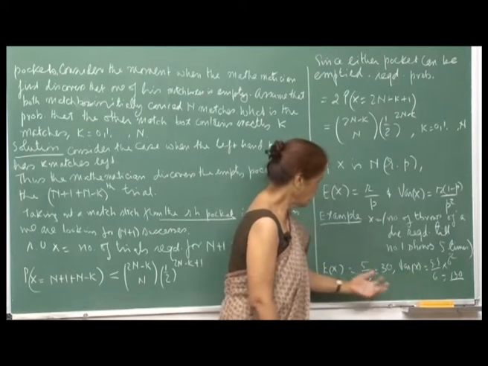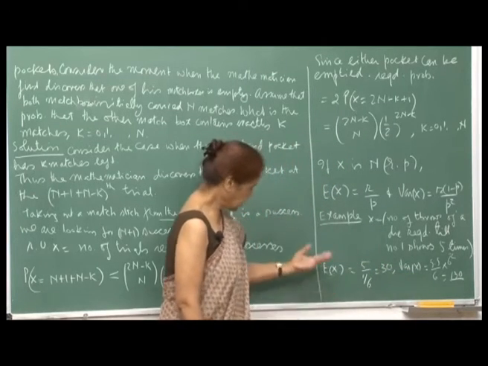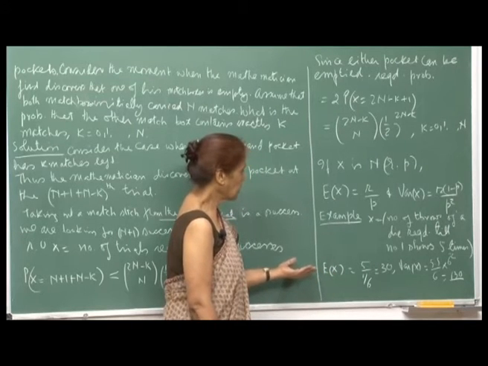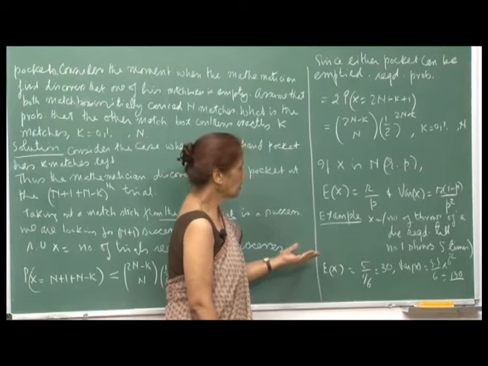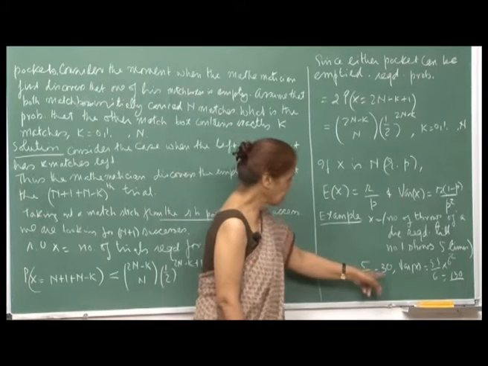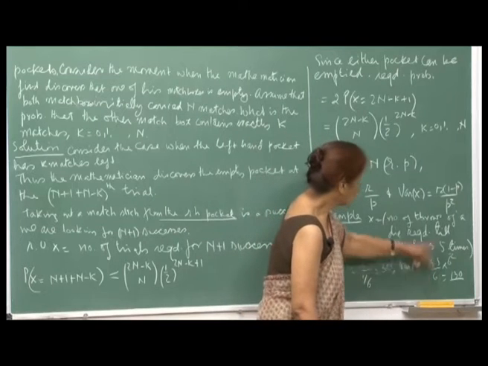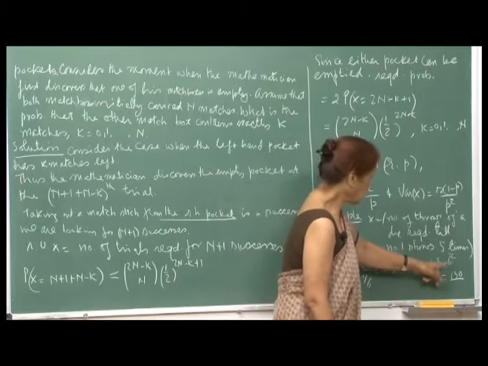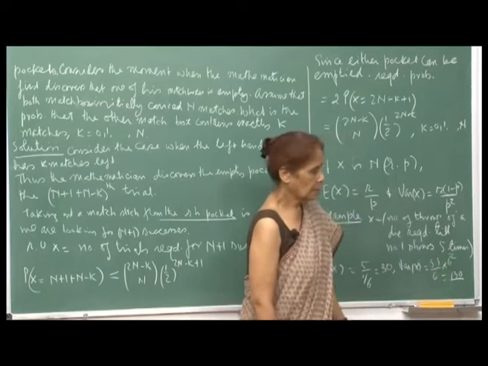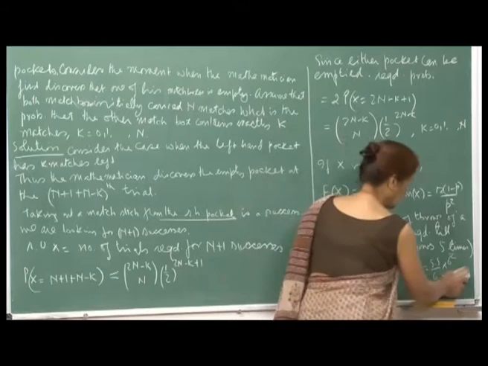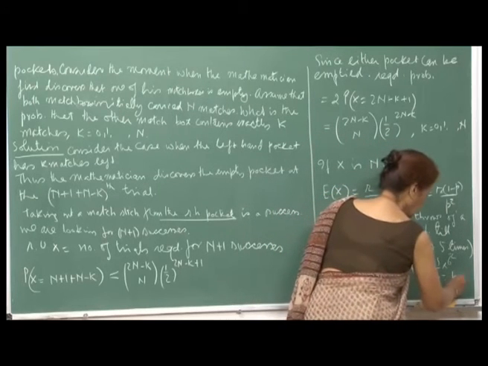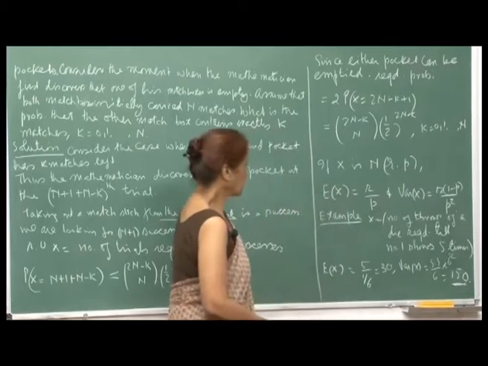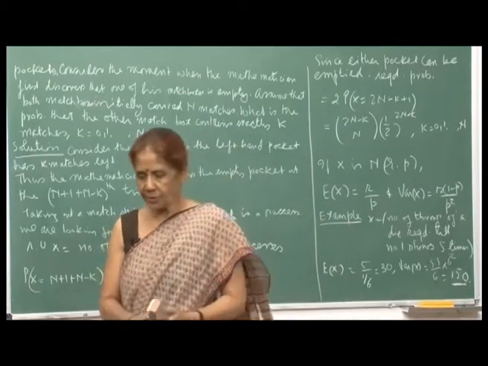That means the expected number of throws of the die required so that number 1 shows 5 times is 30, and the variance, again by this formula, comes out to be 150. Sorry, not 130, it is 150. Okay. So, that is about negative binomial and geometric distribution.